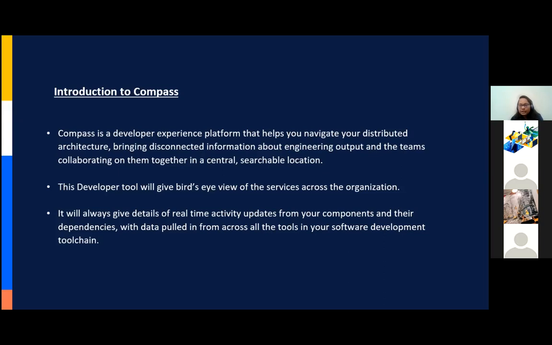In our organization, if we have any software, we will have a complete eye on each and every service. We can understand which services depend on what, and which team is working on it. For that, we will use Compass. Compass always gives details of real-time activity and updates from your components and their dependencies, with data pulled from across all the tools in your software development toolchain. I will explain all about the third point when we have a demo.